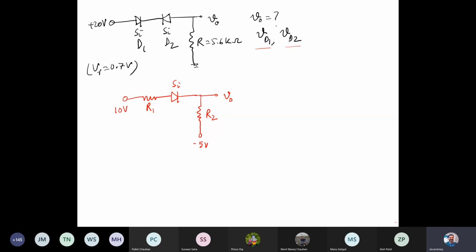Let's say R1 is 4.7 kilo ohm and R2 is 2.2 kilo ohm. You need to find the current flowing in the circuit, the voltage drop across R1, the voltage drop across R2, and the output voltage V0.